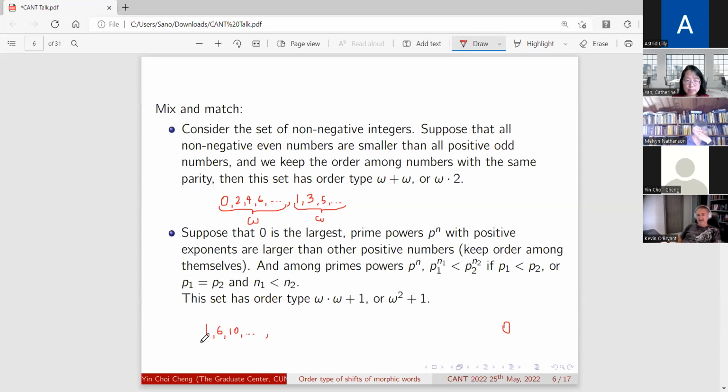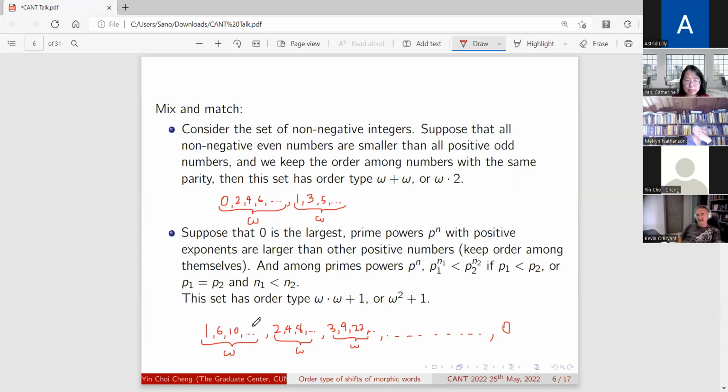So after the first group of numbers, which has order type omega, it's followed by 2, 4, 8, and so on, which also has order type omega, followed by powers of 3, and so on. And since there are infinitely many primes, we know that there are infinitely many of these groups.